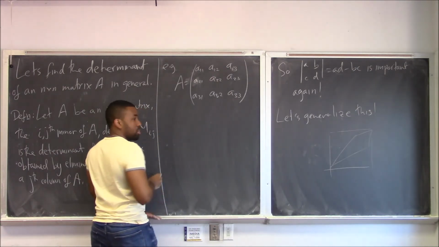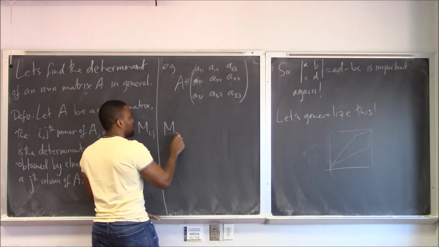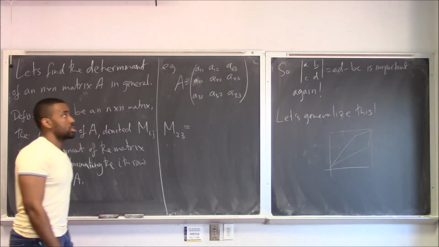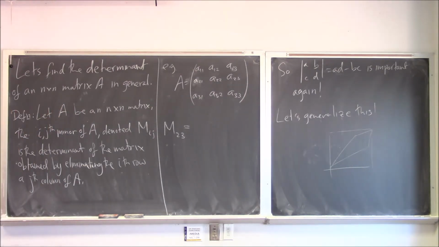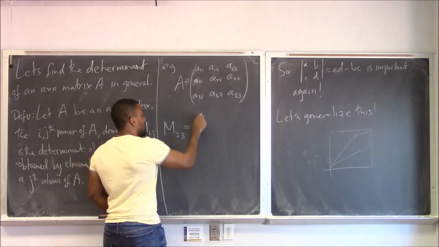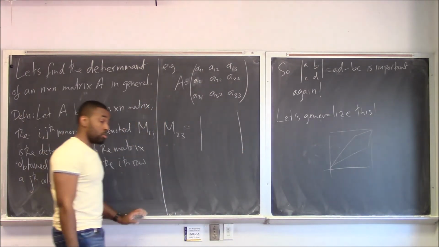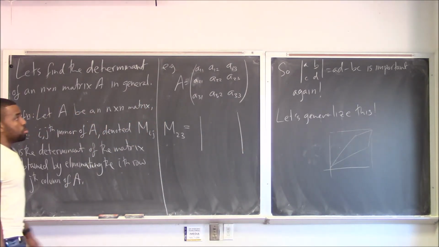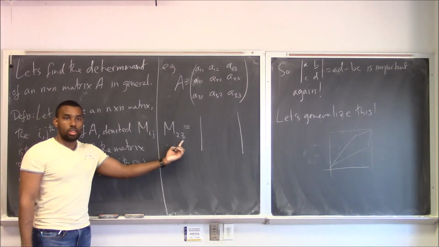So I can talk about something like M23. Right, this is just an example. What is M23? This is the determinant of the matrix obtained by eliminating the second row and the third column.